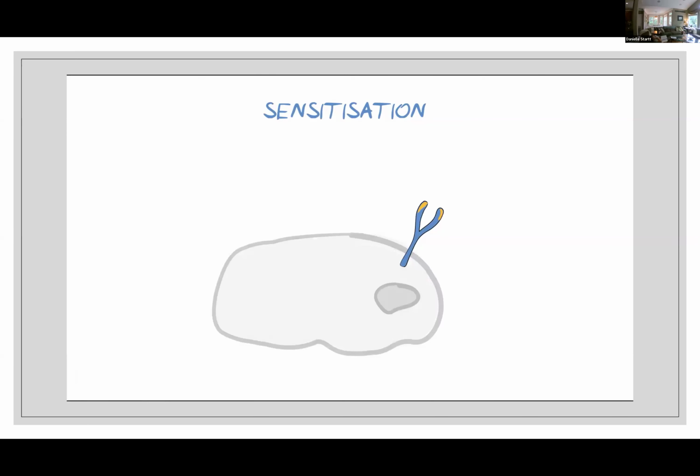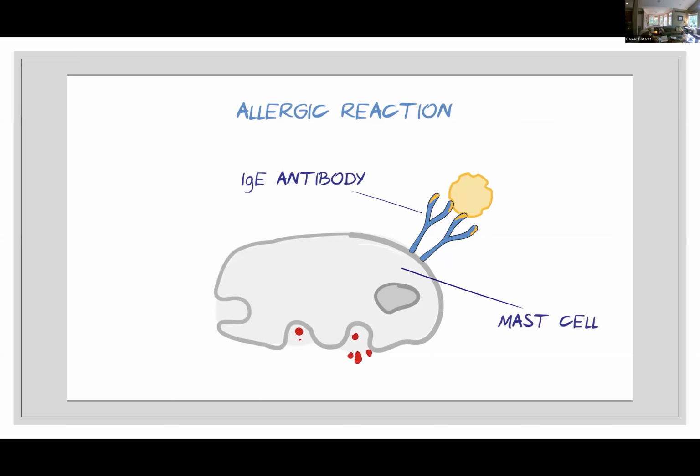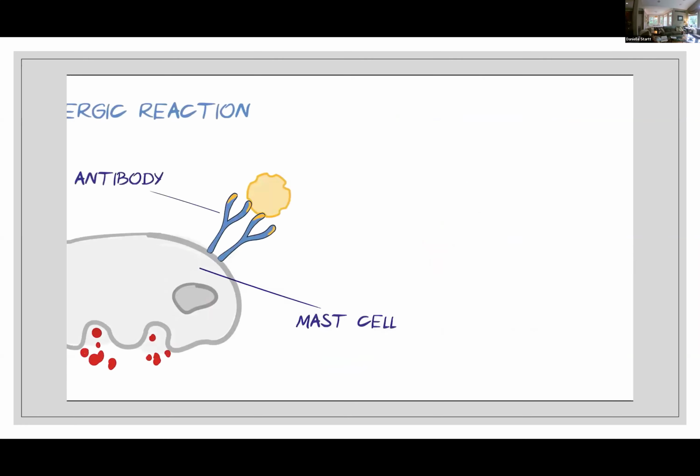After this exposure, the antibodies lie in wait on a type of immune cell called mast cells. If the allergen is encountered again, it causes an allergic reaction. The allergen binds to the antibodies, triggering the mast cells to release their contents, including chemical messengers such as histamine.